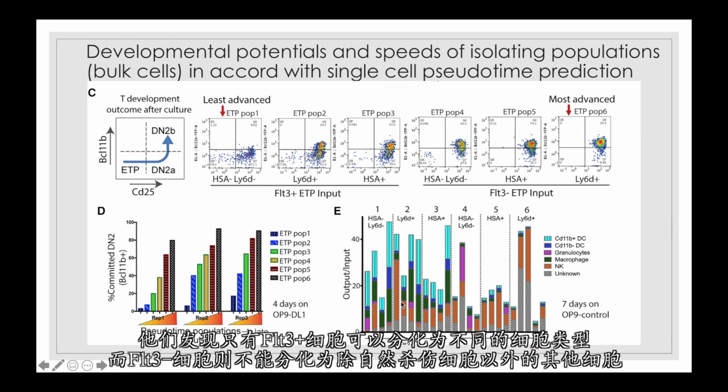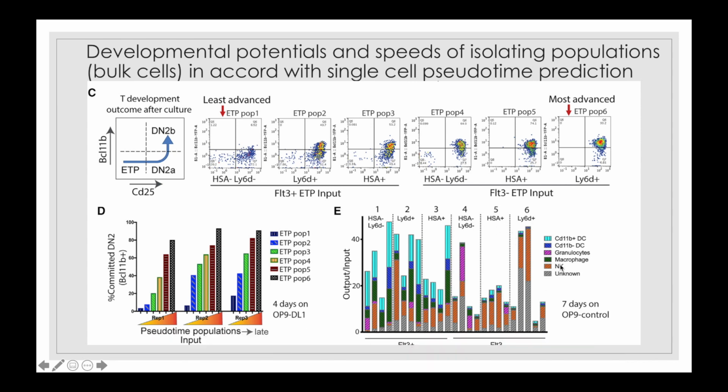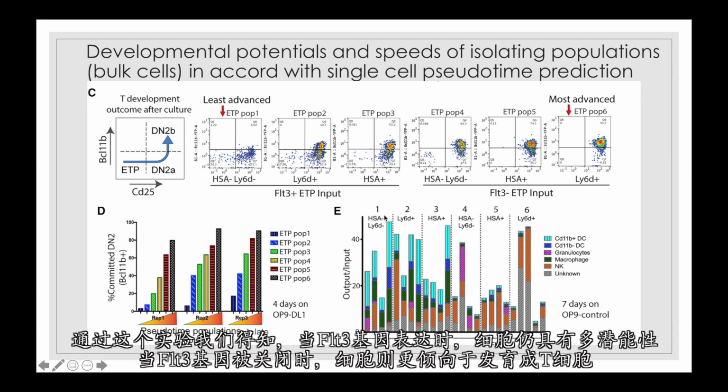After culturing, they find only the FLT3 positive cells can give rise to different kinds of cells, but the FLT3 negative cells fail to give rise to other lineages except for NK cells. So based on this, we know that when FLT3 is there, the cell is more multipotent. And when FLT3 is turned off, the cell is more restricted to the T cell lineage fate.